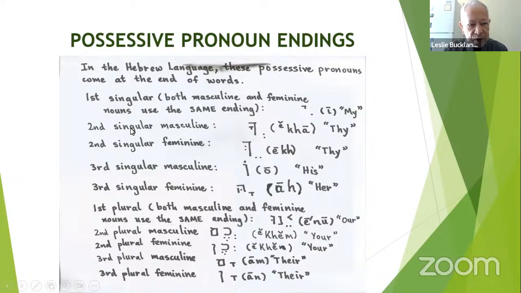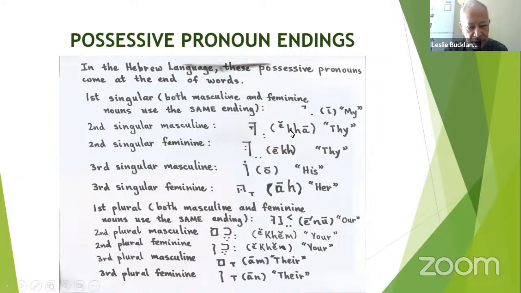The second person singular, masculine gender, possessive pronoun ending is eka, consisting of the simple shua, one dot over the other, and kaf. This is how kaf looks when it comes at the end of a word.